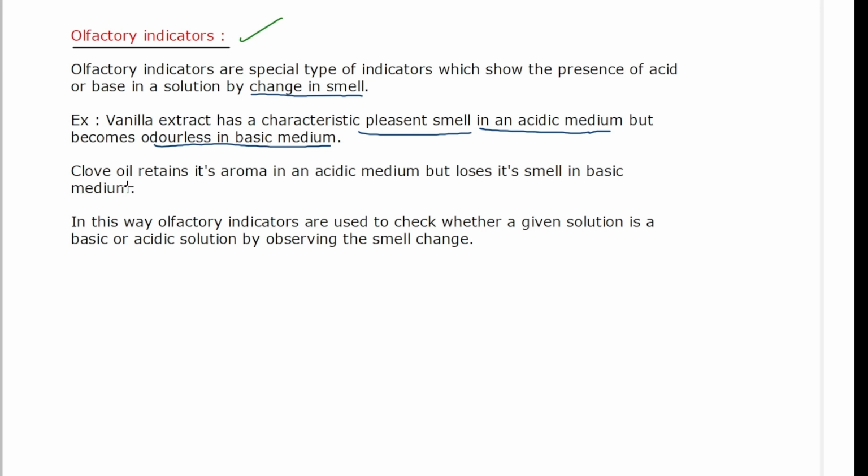In the same way, clove oil will retain its aroma in acidic medium, but it will lose its smell in basic medium. In this way, olfactory indicators are used to check whether a given solution is acidic or basic by observing the smell change. You have to remember the definition of these olfactory indicators and examples as well.